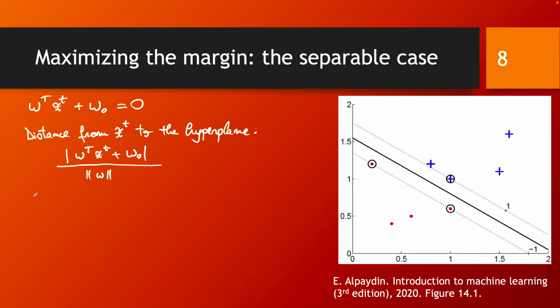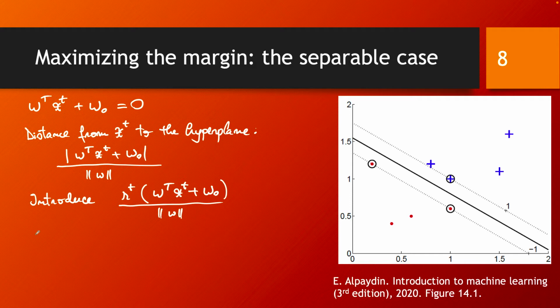And so we introduce this product between the label RT of this data point and W transposed xt plus W0 divided by the norm of W. We would like this to be at least some value rho that we are going to reason about in just a moment.